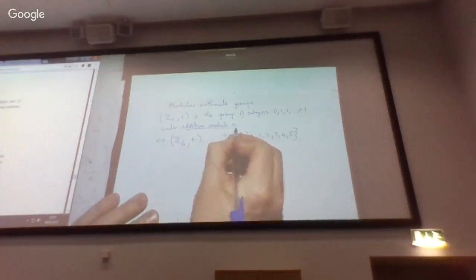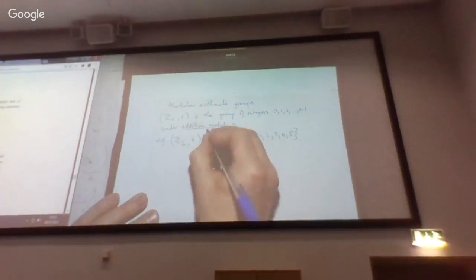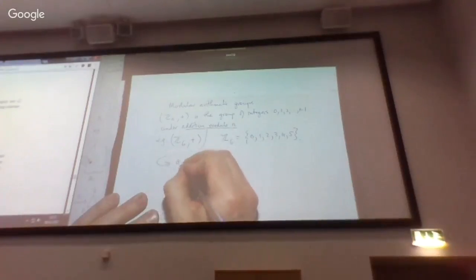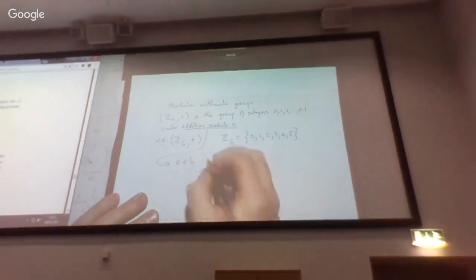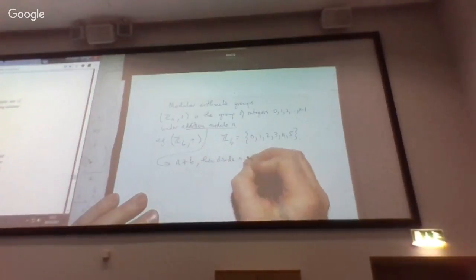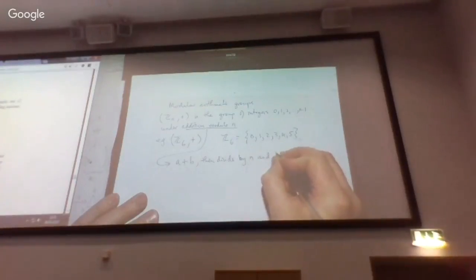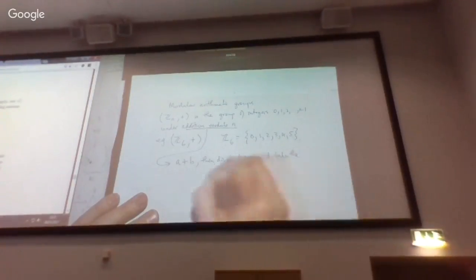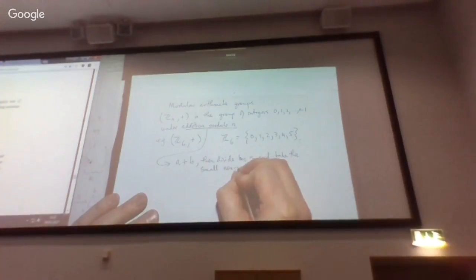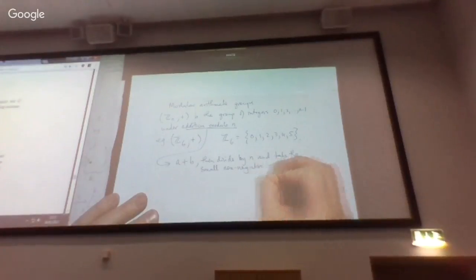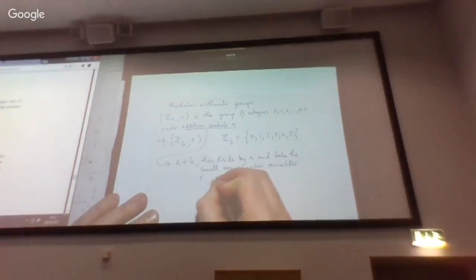So addition modulo n is where you add a plus b in the usual way, then divide by n and take the small non-negative remainder R, which satisfies that R is between 0 and n minus 1.